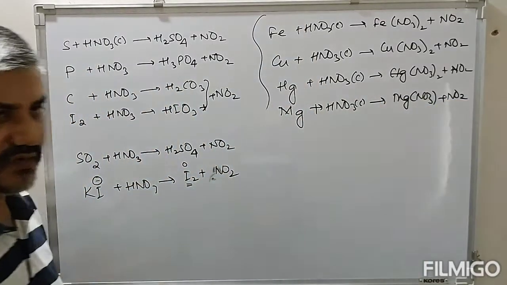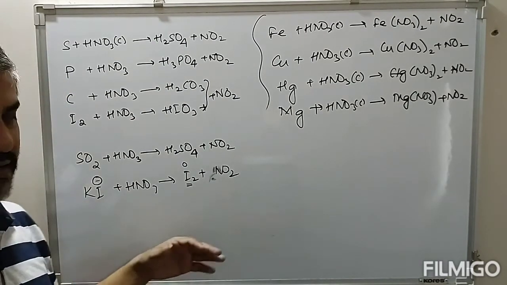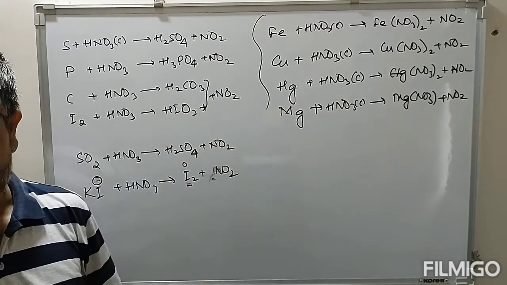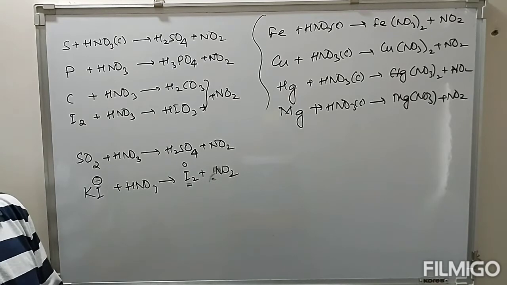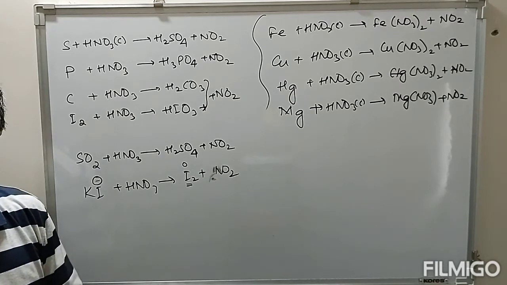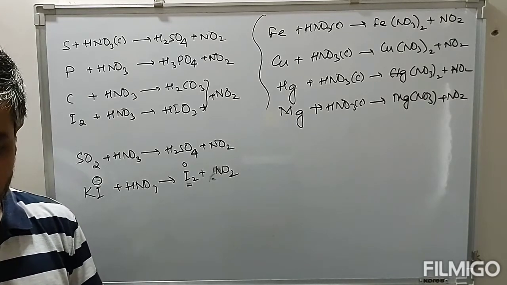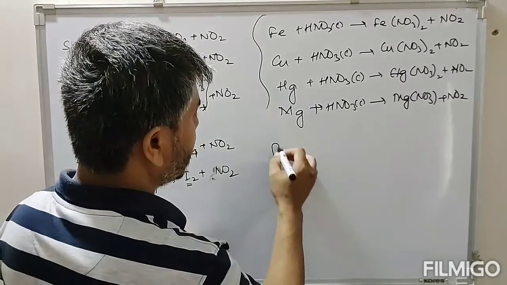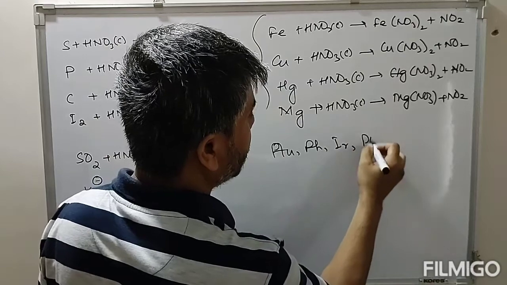So this being a very strong oxidizing agent can oxidize non-metals, even the ions can be oxidized, and the metals can also be easily oxidized. But there are certain noble metals like gold, silver, platinum. So these elements are known as noble metals because their reactivity is very poor, like gold, platinum, iridium, rhodium, etc. Gold, rhodium, iridium, platinum.